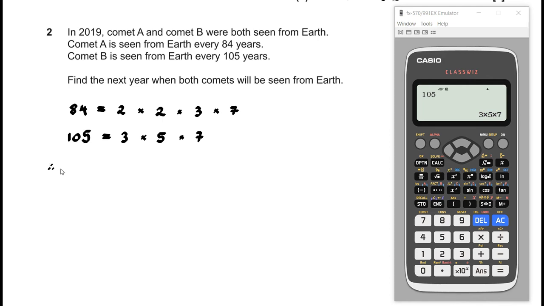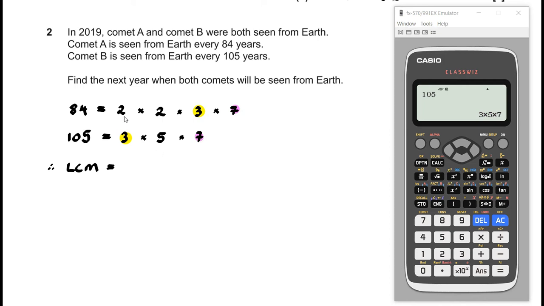So now we can find out the lowest common multiple. So to find the lowest common multiple, what we see is 3 is common to both, 7 is common to both.